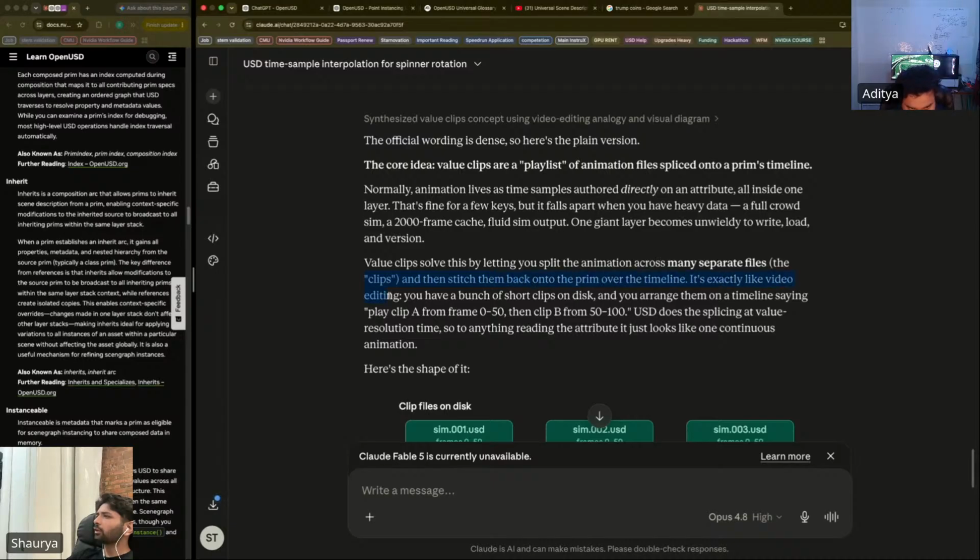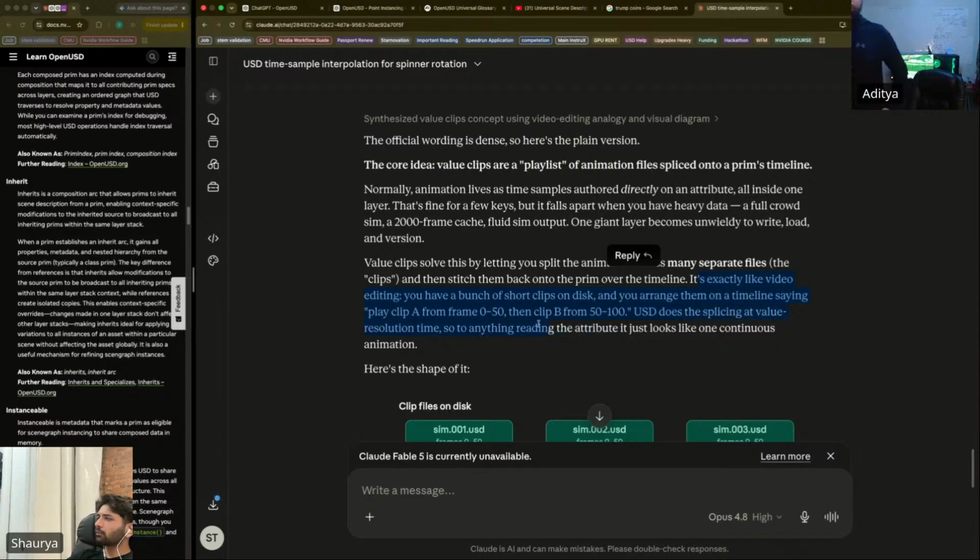It is exactly like video editing. You have a bunch of short clips on disk, and you arrange them on a timeline, saying play clip A from 0 to 50, then play clip B from 50 to 100.